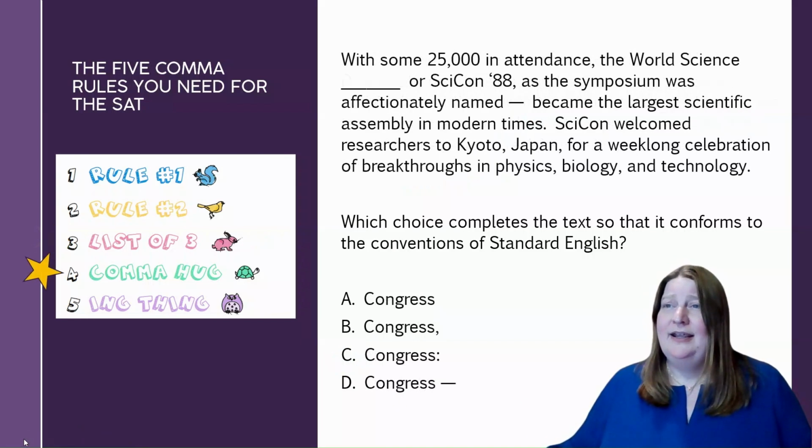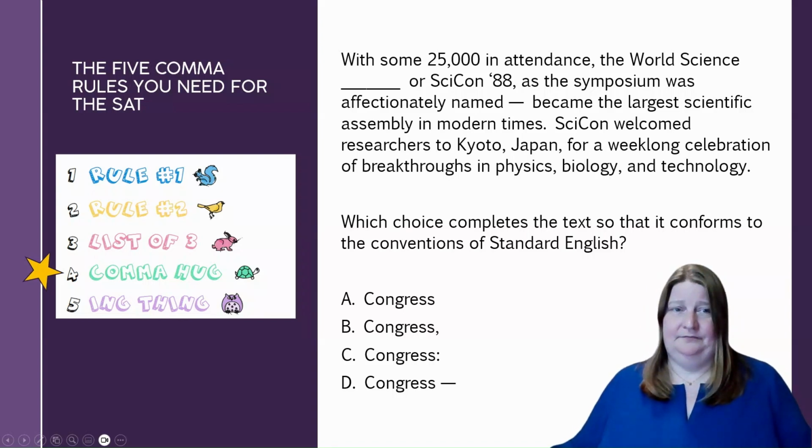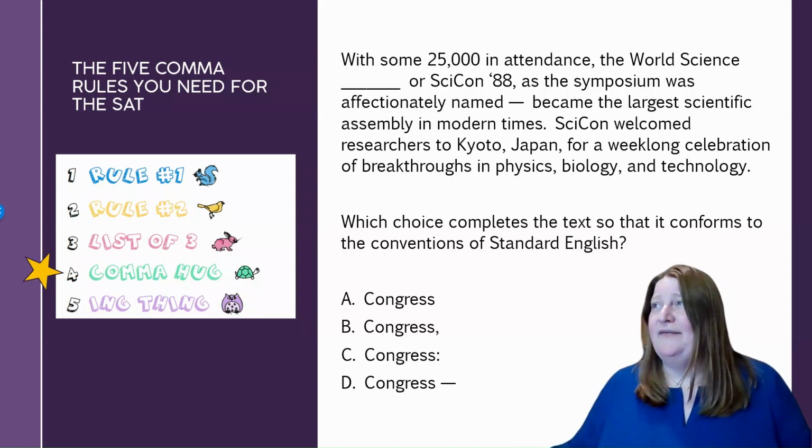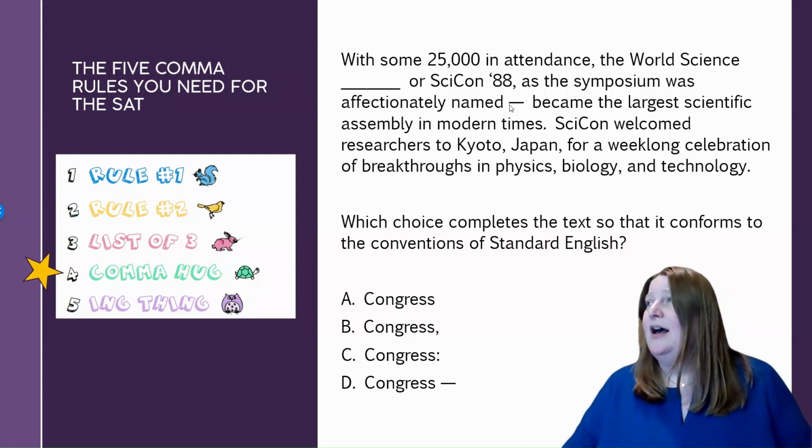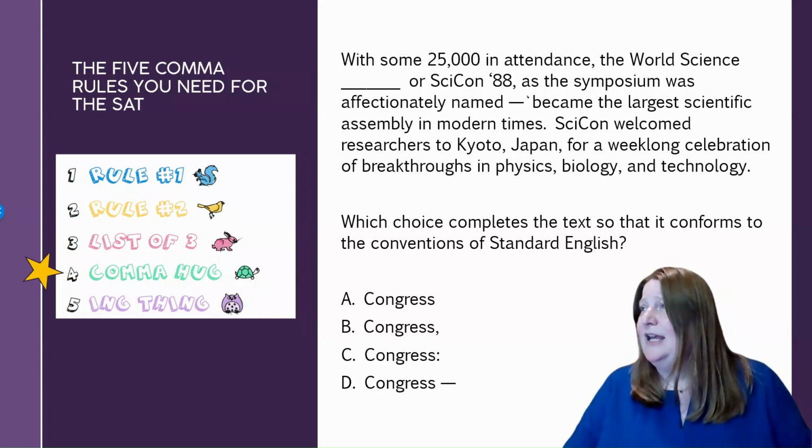All right, the next one, comma hug. Give this one a try for yourself. All right, hopefully you have an answer. Let's take a look together. I see a dash here.